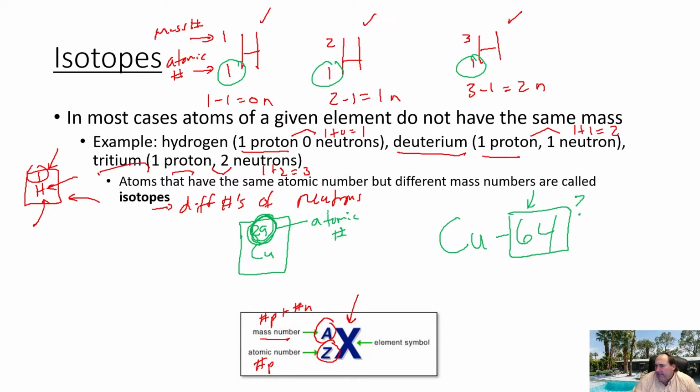So clearly here, 64 is not the atomic number. You might be able to figure it out. It is going to be the mass number. So sometimes isotopes are written that way. If we were to turn this into our symbol, 29 would go on the bottom, which is our atomic number. 64 would go up on top, which is our mass number.